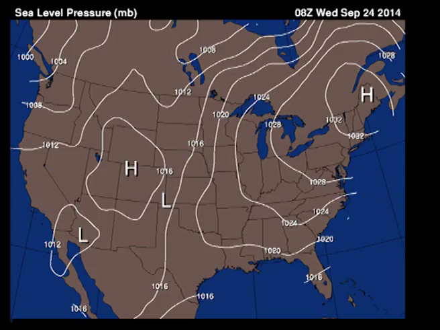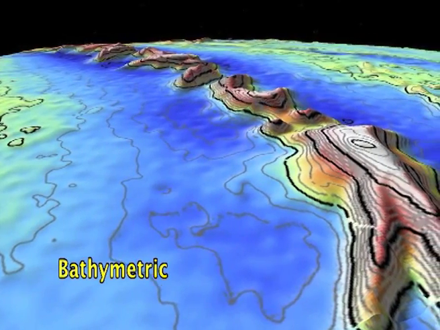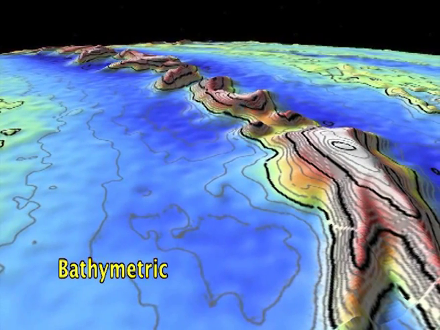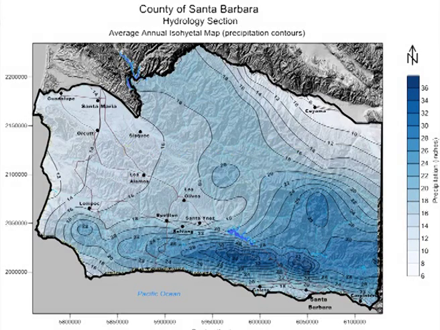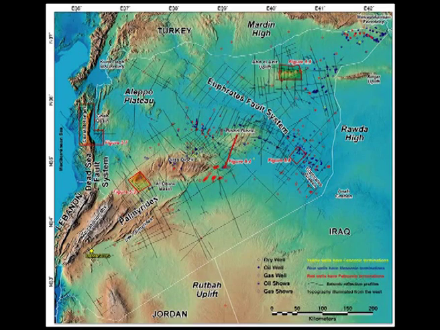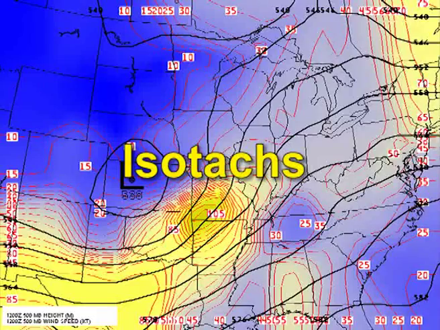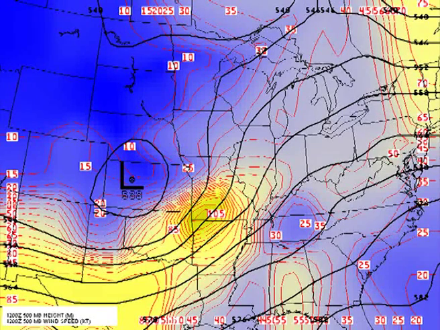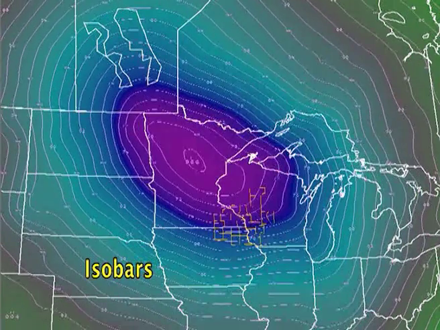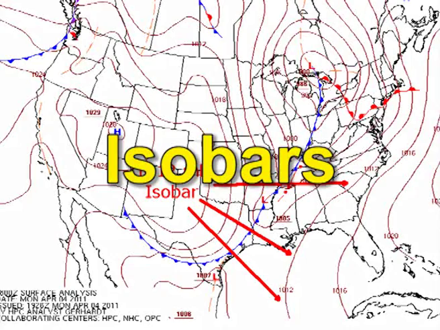These lines are also known as isoflets. There are a variety of specialized isoflet maps. Examples include bathymetric, that is showing sea floor elevation, isohets, showing rainfall, isopax, which show rock or sediment, isotax, showing wind speed, and isobars that show air pressure.